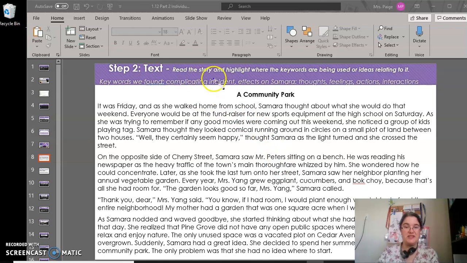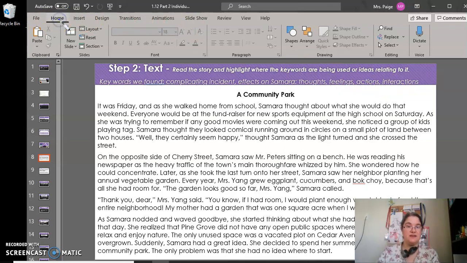Next, we're going to read the text, and you can actually highlight where you see information that stands out about the complicating incident itself and how it affects Samara's thoughts, feelings, actions, and interactions. I will do the first page for you, if it will allow me to, and then you can do quotes on your own for the second page.